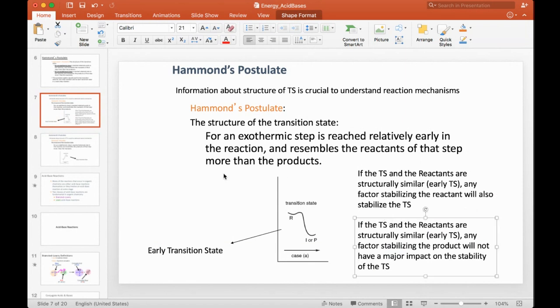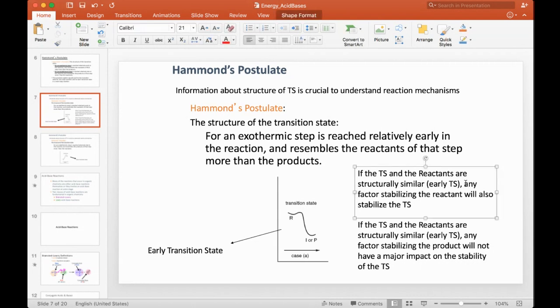So, repeating this idea, any exothermic step will have an early transition state because the energy of the transition state and the reactants are closer to one another. An early transition state actually means that the structure of the transition state is similar to the structure of the reactants.